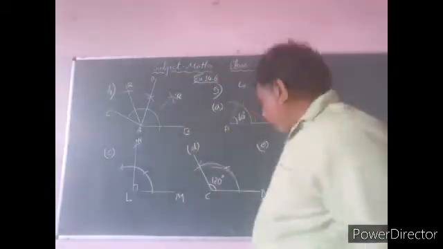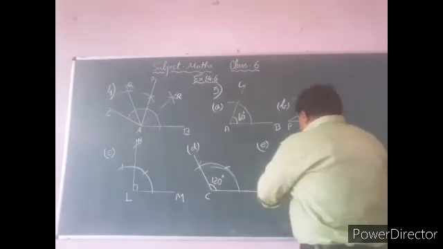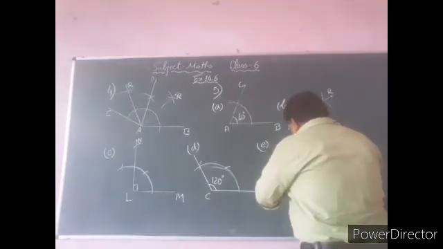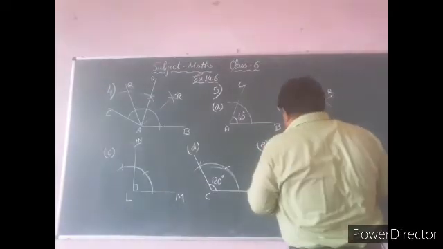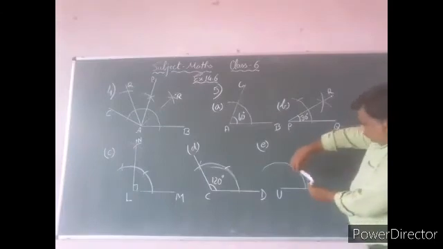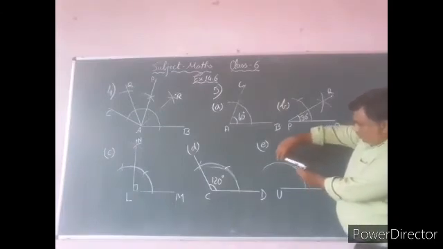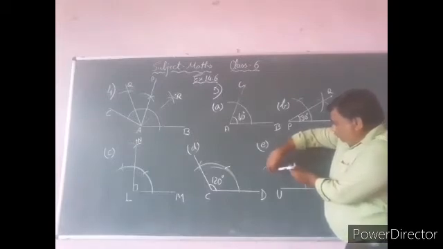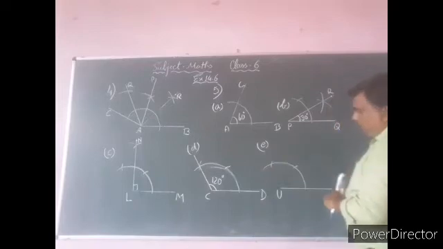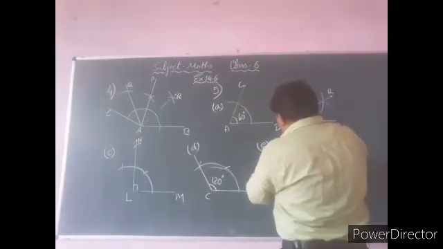So taking U as the center, draw an arc of any radius, of the same radius in this way. This way. Now bisect it.